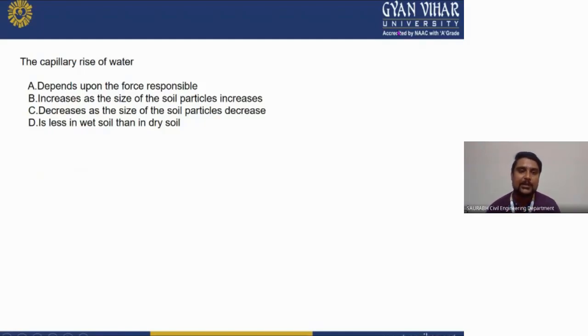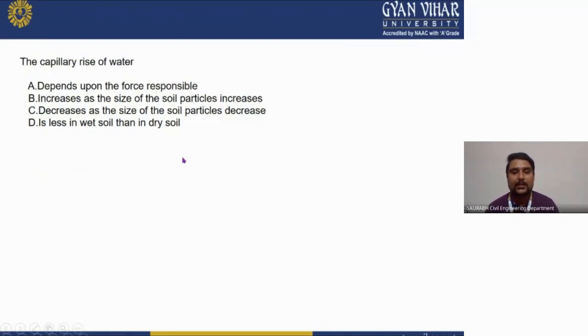That is called capillary action, and it is similar to the capillary rise of water. On what things does the capillary rise of water depend? The options are: the force responsible increases as the size of soil particle increases; it decreases as the size of soil particle decreases; it is less in wet soil than in dry soil.